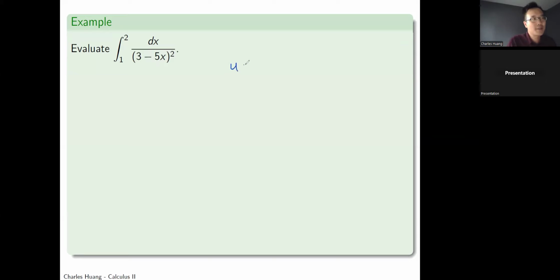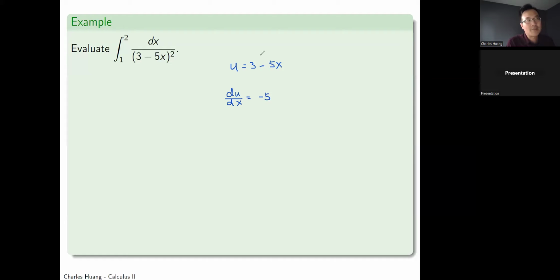I'm going to say u is equal to 3 minus 5x. du/dx, or if you want, you can write it like this right now. Eventually, I'll probably get lazy and just write the differential directly.